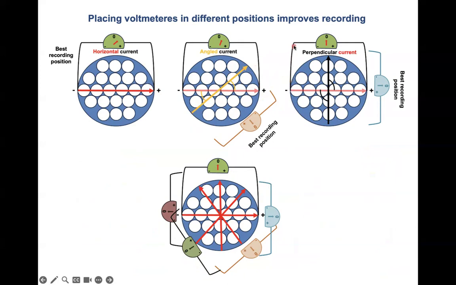This voltmeter, placed this way, will detect best the electrical activity running this way. So we see here, in this schematic, we can place several voltmeters in different positions. This enables us to detect the electrical activity of the heart at high resolution, as we will see later.